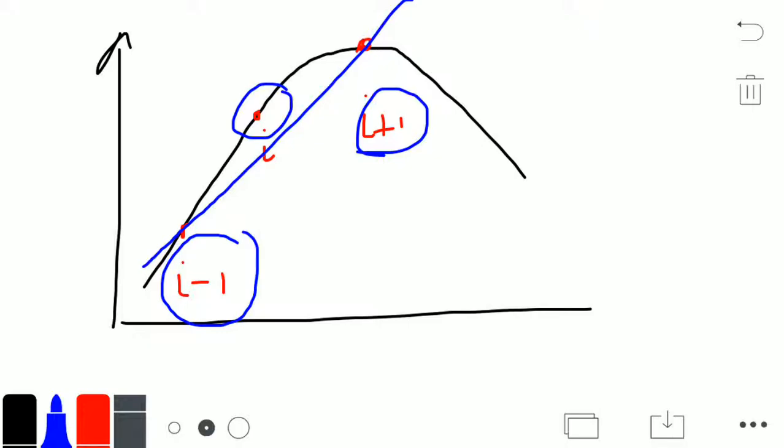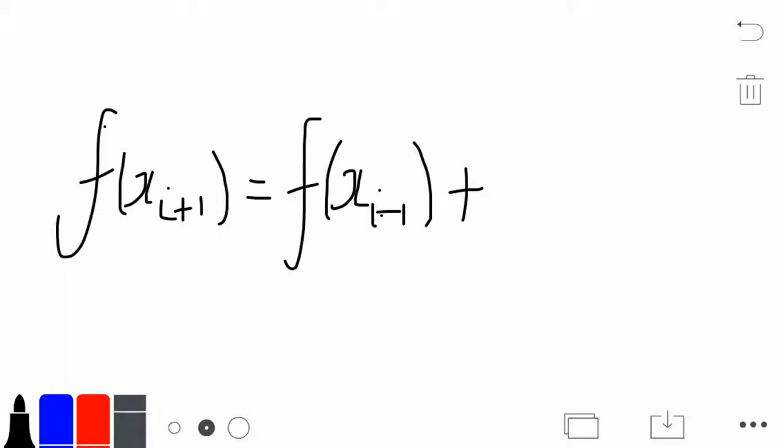So that is to say, and I encourage you to do this for yourself, the Taylor series approximation, f at x of i plus 1 is equal to the value of the function at x of i minus 1 plus twice the value of the derivative at x of i multiplied by our step size.